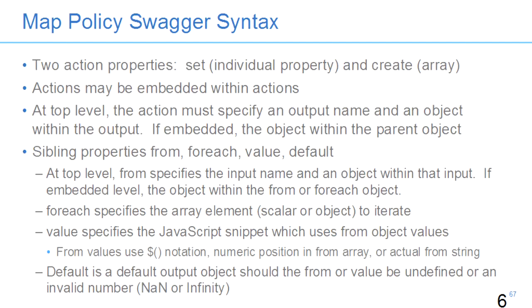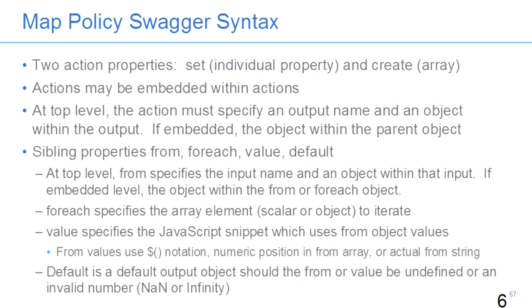At the top level, for the set or the create, you're talking about just output. The action must specify the actual output name, and then the path to that specific object within the output. In our previous example, we had created an output called output.